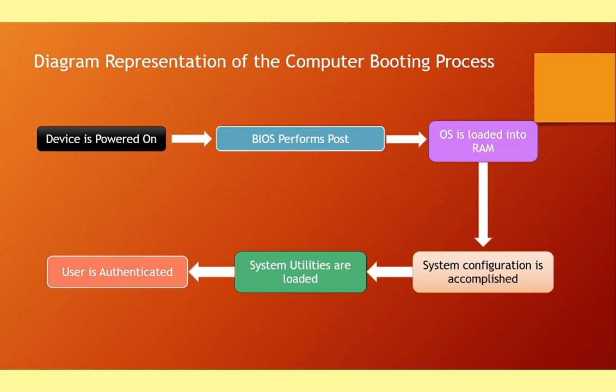Once the operating system is loaded into the random access memory, the system configuration is accomplished. Again, after the system configuration is accomplished, system utilities are loaded. This is where we have the system processes and the user space. They are loaded, and then the user is given an opportunity to put the password so that they can be authenticated.